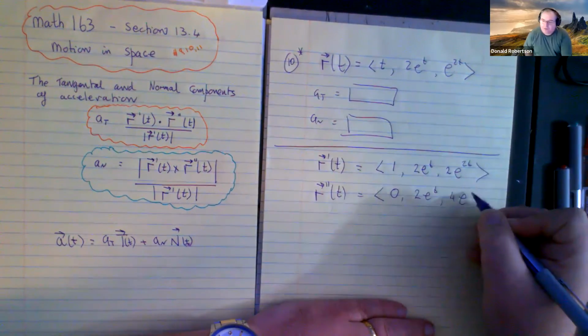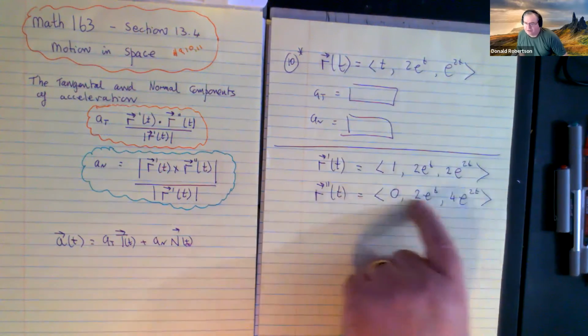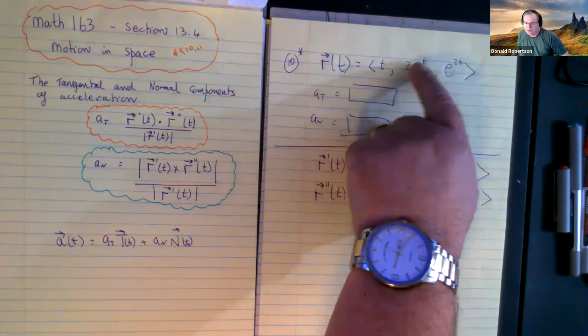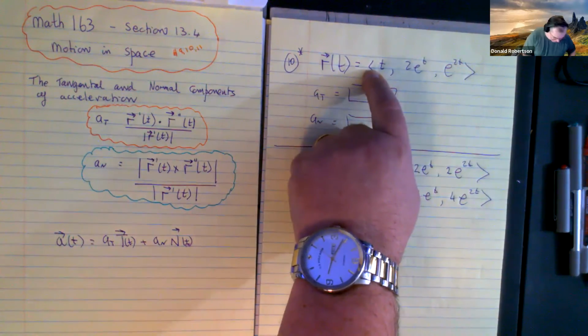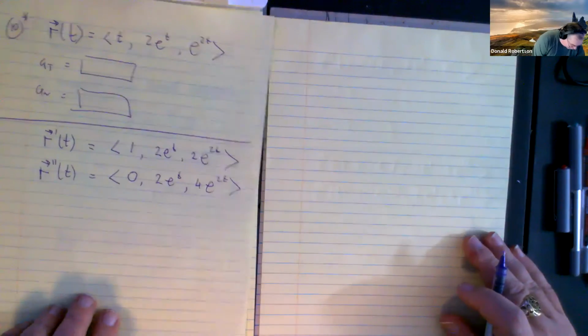Are we all comfortable about the first and second derivative? You can't really do too much damage to that unless these things are ridiculous, like t over t squared plus 1. These are going to be pretty straightforward. What happens next is going to be a little more problematic.